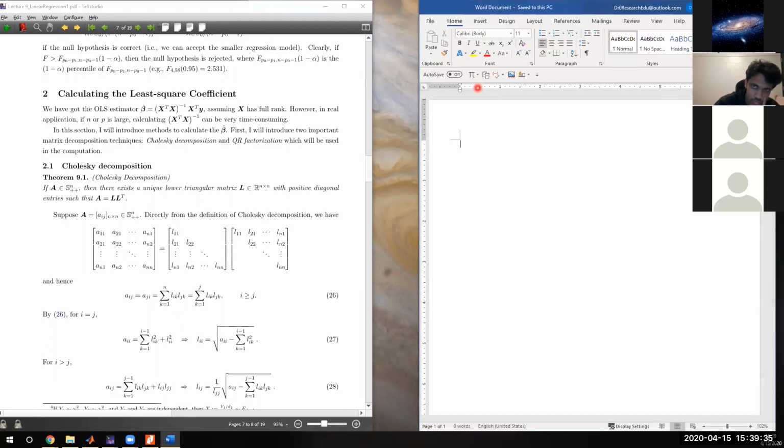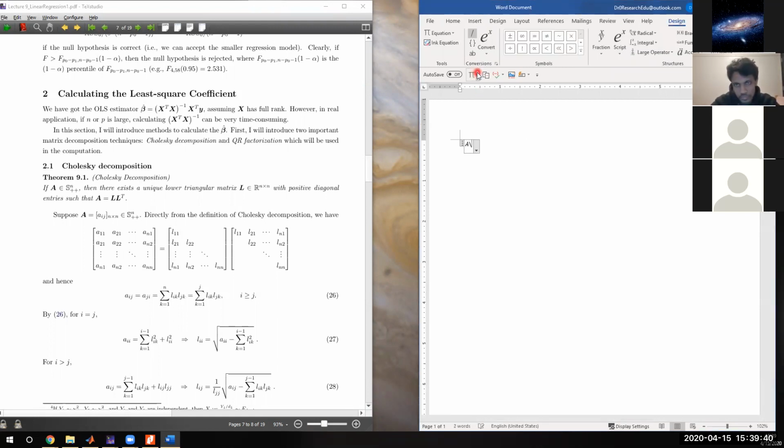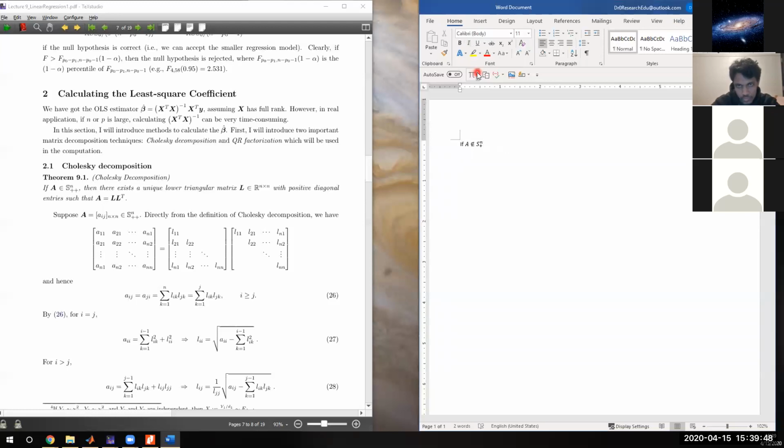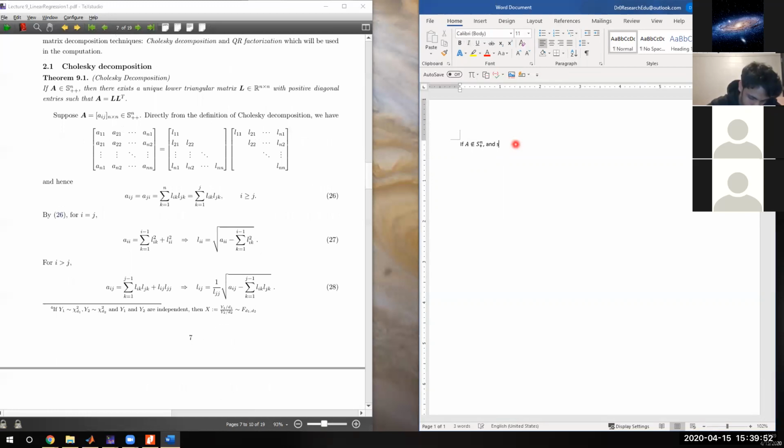Now suppose A is not in S plus N, and suppose we have a Cholesky decomposition.